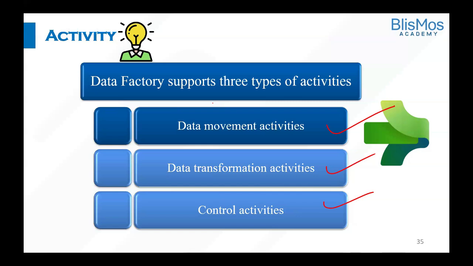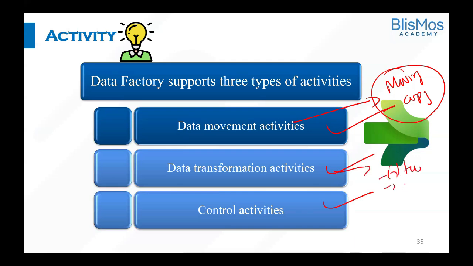Data movement is, as the name suggests, moving the data from one place to another, copying the data from one place to another. All these are data movement activities. Data transformation, we already know. Concatenating two names can be a data transformation. Aggregation can be a data transformation.